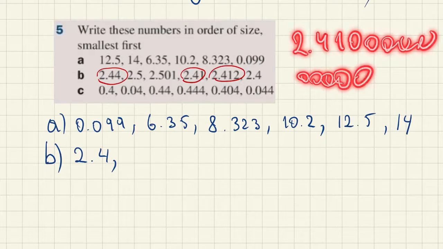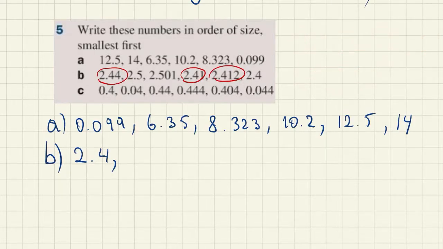It's not going to change anything because this is how decimals work. 2.41 and 2.412 are the ones competing right now, because 2.44 is a bit larger than those two. 2.41, again, we can just add the 0. We get 2.410 and 2.412. Well, then 2.412 is obviously the larger number.